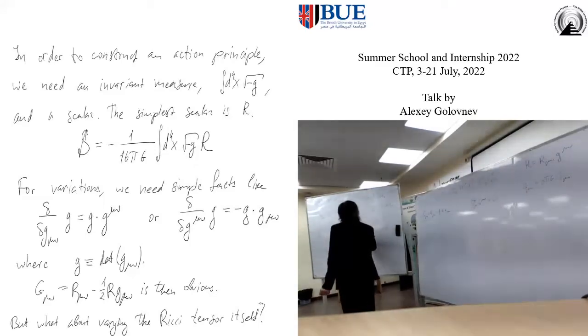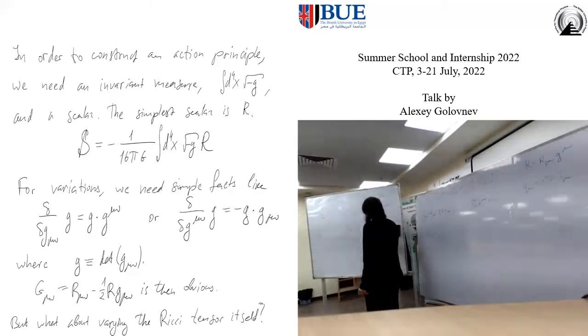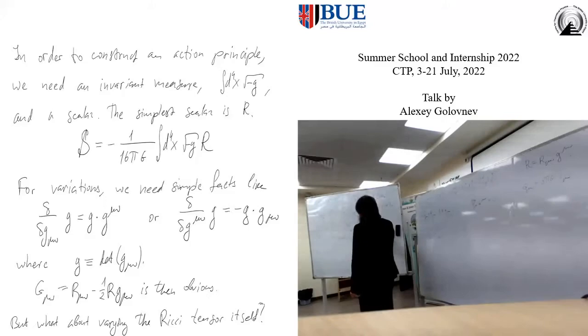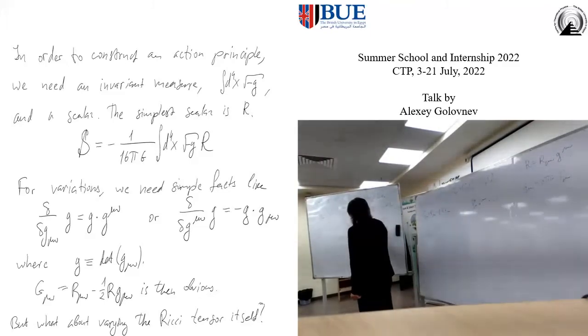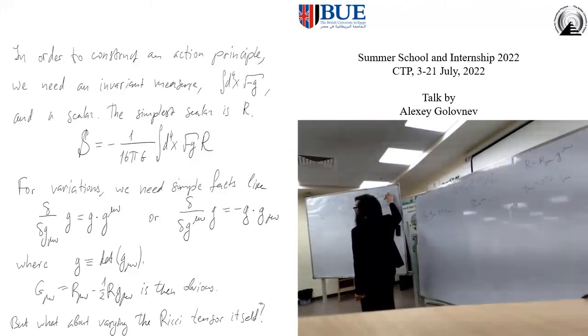Let me first say that I put here minus sign and 1 over 16 pi G. For now, it's not important which kind of number I put here. The minus or plus sign here depends on the chosen signature. In a sense, you usually want to have positive kinetic energy for gravitons, and then what kind of sign you want to have here depends on your convention about the signature.